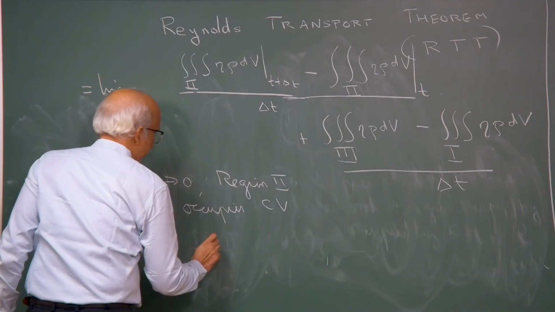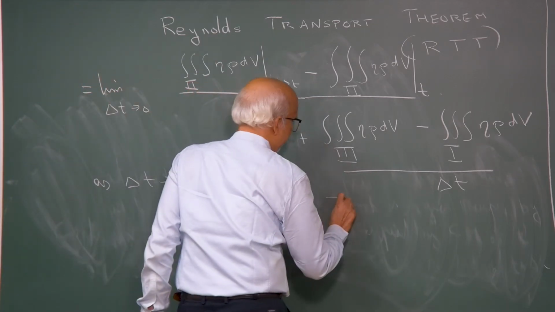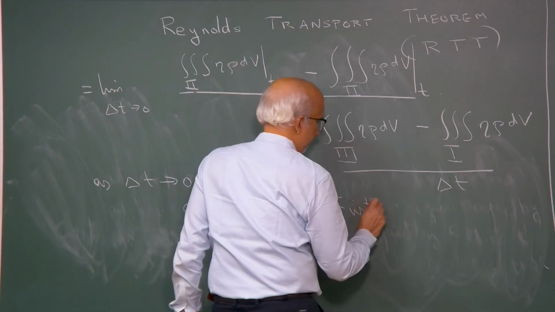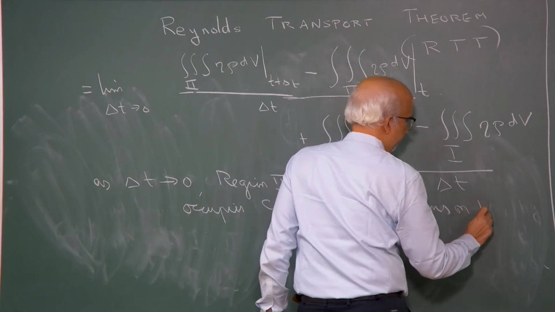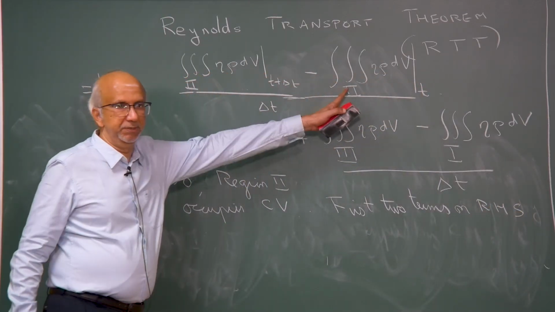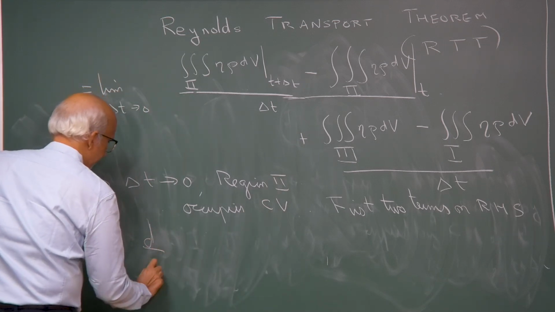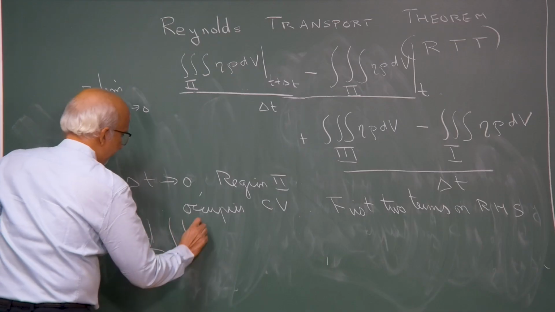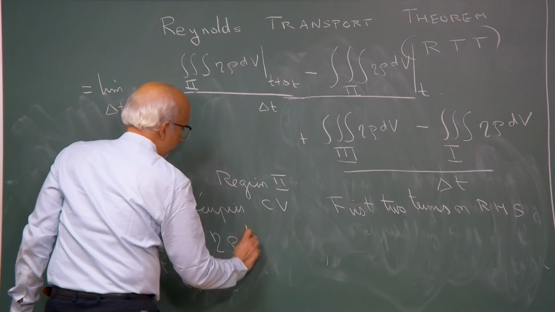The first two terms on the right hand side, these two terms, are nothing but d by dt of the integral over the control volume of eta rho dV.